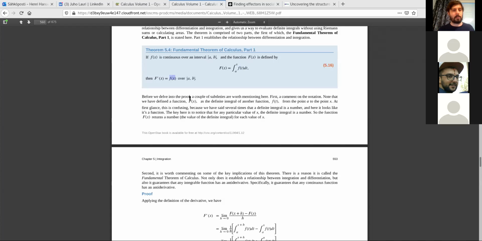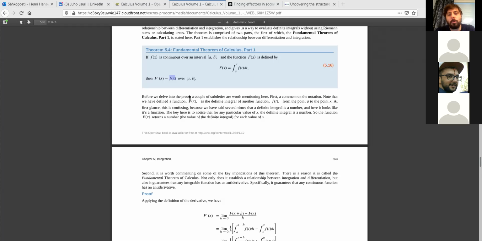And this ties together the antiderivative. That's why we call the indefinite integral the antiderivative. Instead of ever talking about the antiderivative and having this concept of the constant c, I would much rather we just have the definite integral and then use the fundamental theorem of calculus, because there's no need to talk about the indefinite integral.